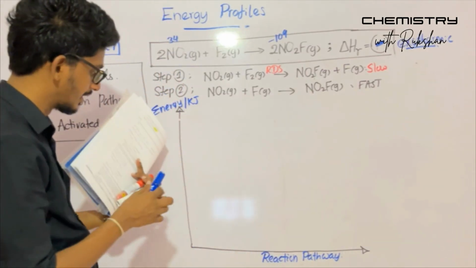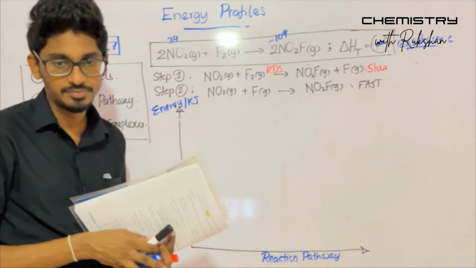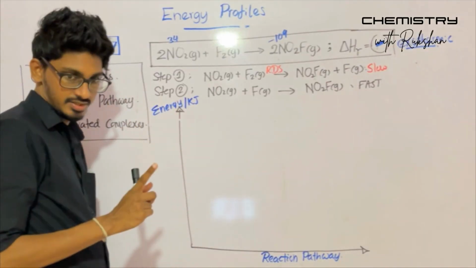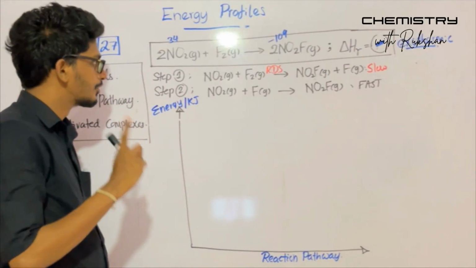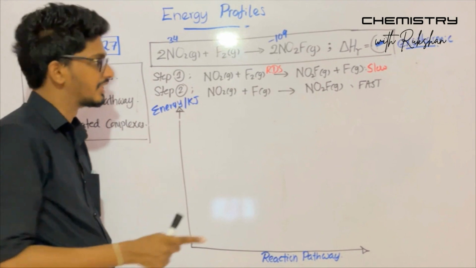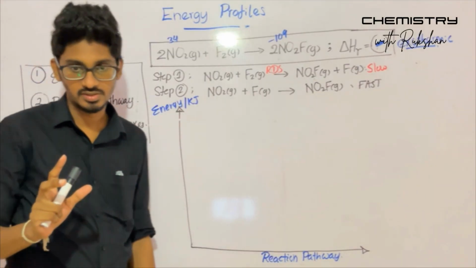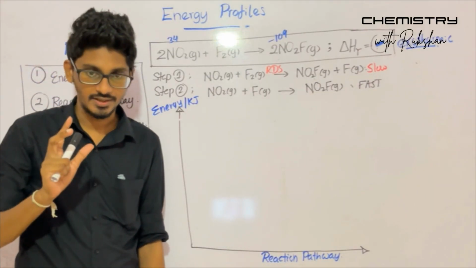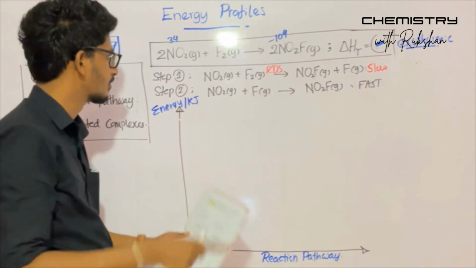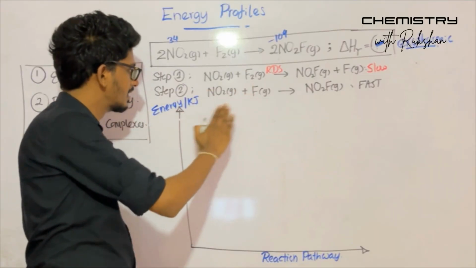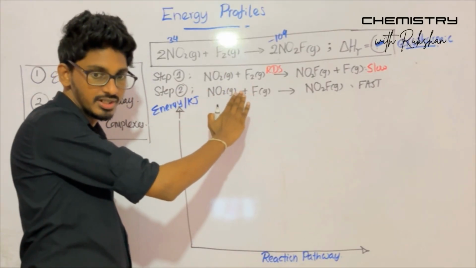Okay, then let's try to come up with the energy levels, right? First of all, draw the energy levels of the reactants and the products of the overall reaction. This is how we do. Don't look at any of the steps involved in the mechanism.